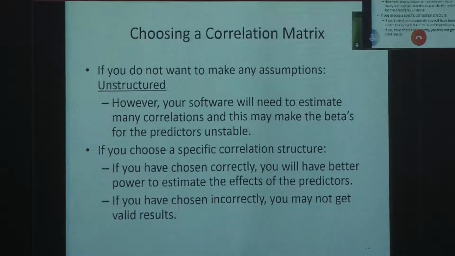So this slide puts you basically in the driver's seat. You get to choose. It's very much like choosing a non-parametric test versus a parametric test in a lot of analogies. If you're willing to make an assumption, so if you're willing to assume that your data follow a normal distribution, you should run a t-test.